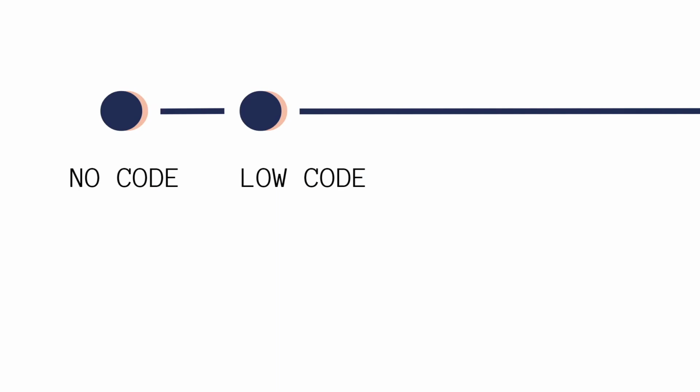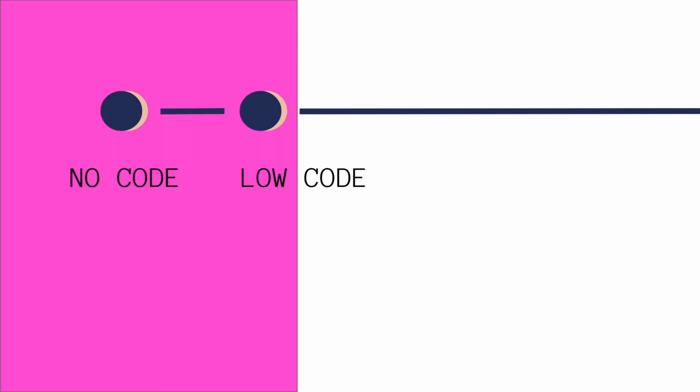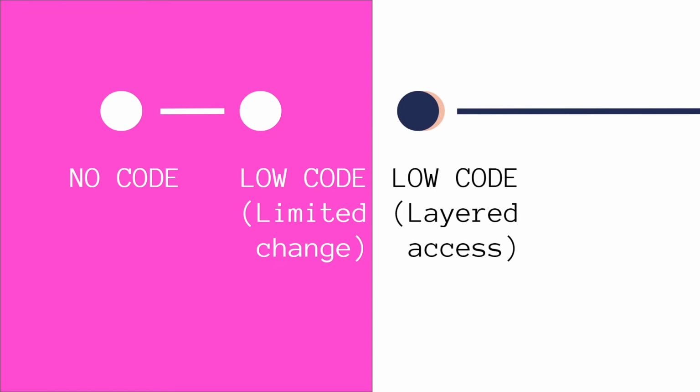Now there's one more part in here that I have not yet described, low code. And I haven't described it because I think low code actually gets divided amongst itself. There's kind of two sections, and this is how I talk about it. I think there's part of low code that is limited change. You might have a system that gives you access to code, but you have very limited ability to change it.